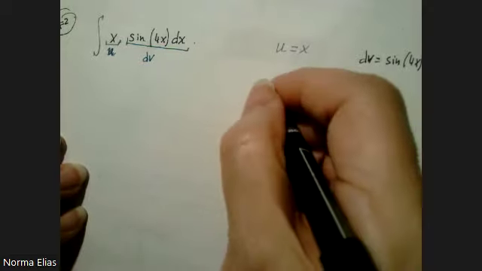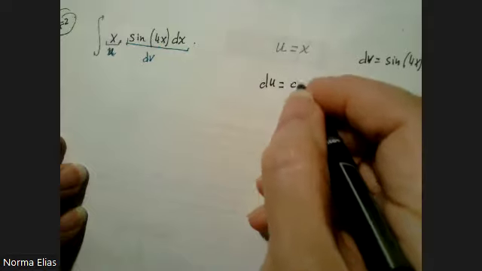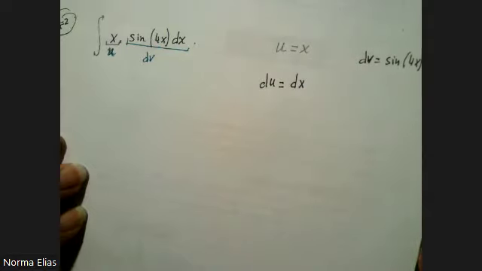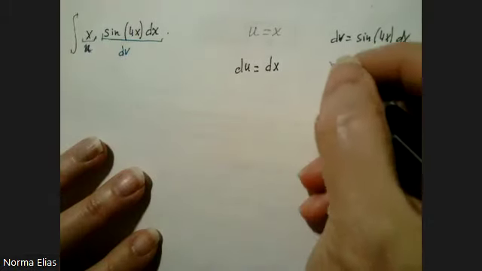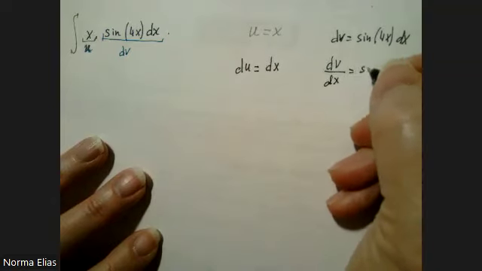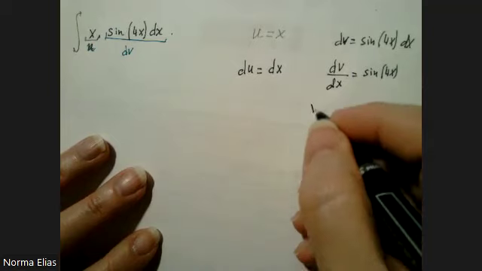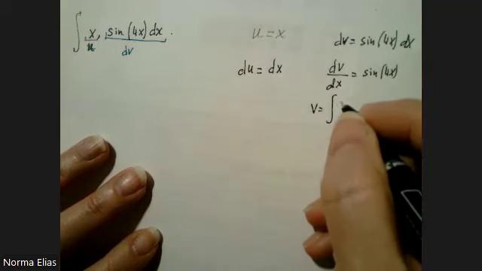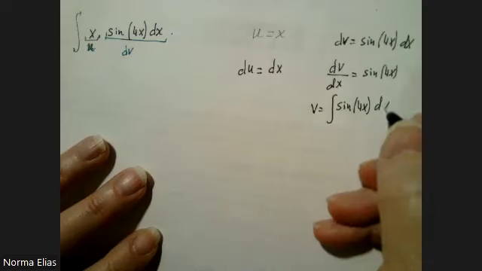Now you have to find the derivative. The du, the derivative of x, is 1 dx, and I insist you write dx, not 1. The dv is this, but I need the v. I need the antiderivative. So v is the antiderivative of sine of 4x dx.